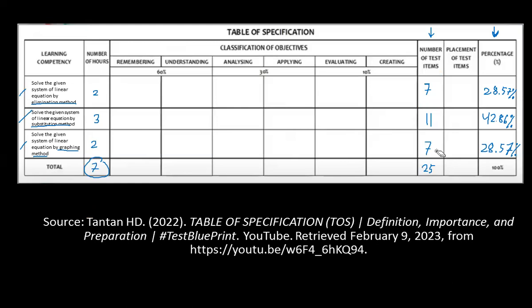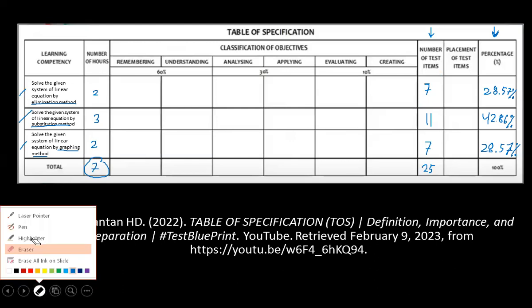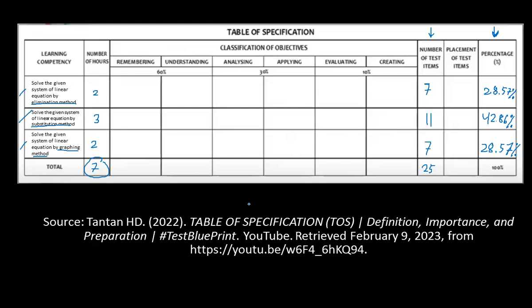We have exactly 25. Yun, so correct. So ulitin ko before we proceed to the next step, make sure na pag inadd mo lahat to, 7, 11, at 7, dapat exactong total number of items meron dun sa test mo, which is 25. So 7 plus 11 plus 7 is 25.